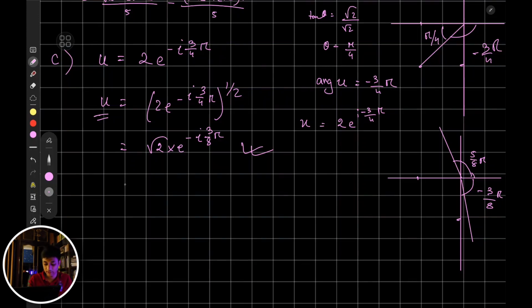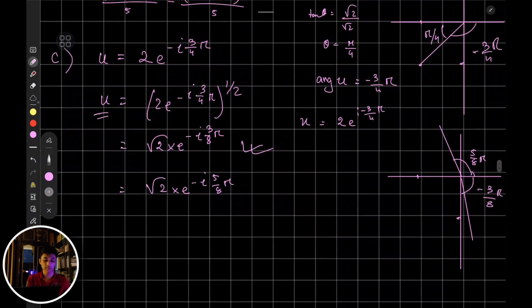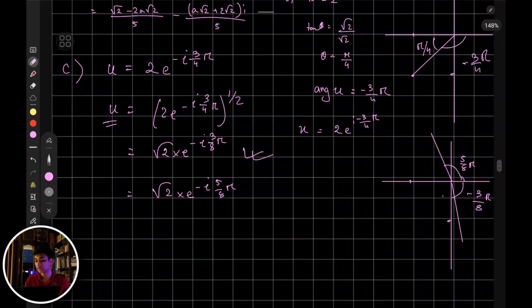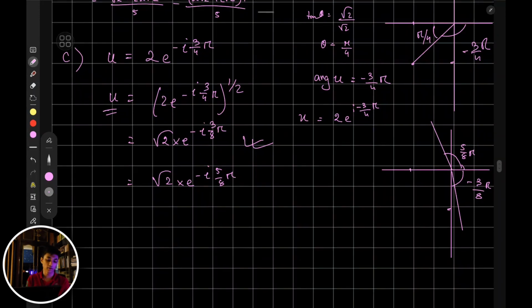Right, so in that case you're going to get root 2 times e to the power minus i 5/8 of pi. Basically, when you're doing the root, you're getting a positive value and a negative value. In this case, since we are trying to get two complex numbers, we are getting one on the negative axis, the other on the positive axis. That's why we are getting another, which is 5/8 of pi, right?